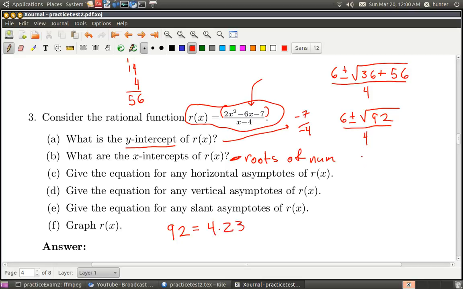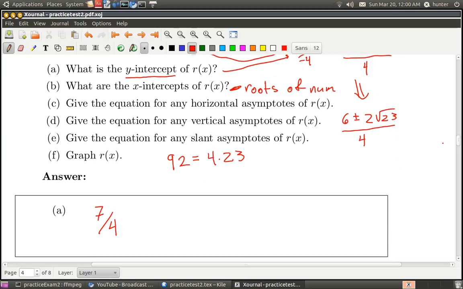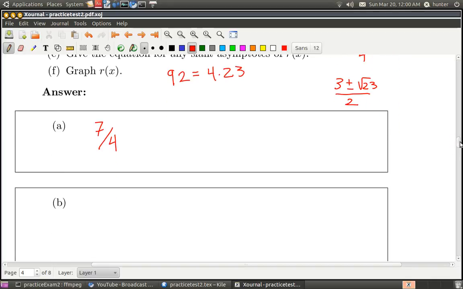Okay, and so that means that I can rewrite this thing as 6 plus or minus 2 times the square root of 23, and then I can make it a little bit nicer by canceling out some evenness. So this becomes 3 plus or minus the square root of 23 all over 2. Okay, so those are the x-intercepts, and I will write the answer just like that.